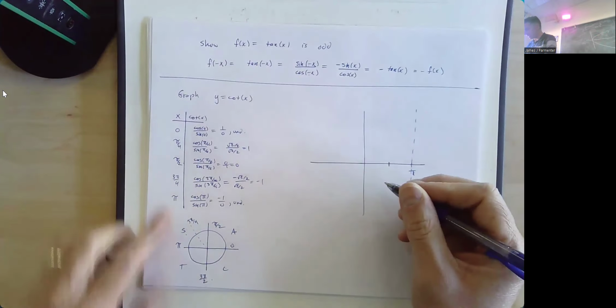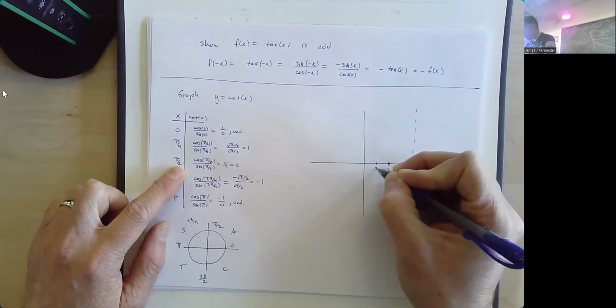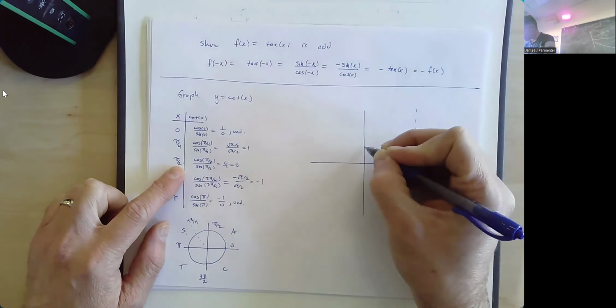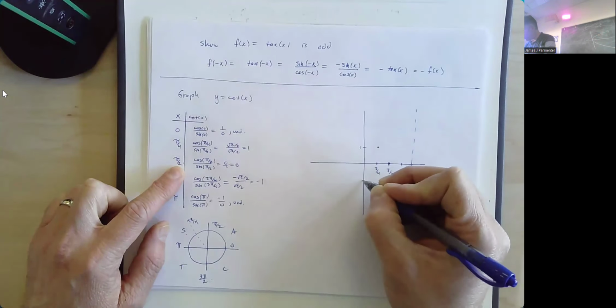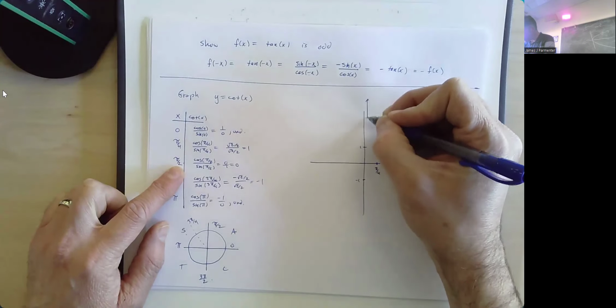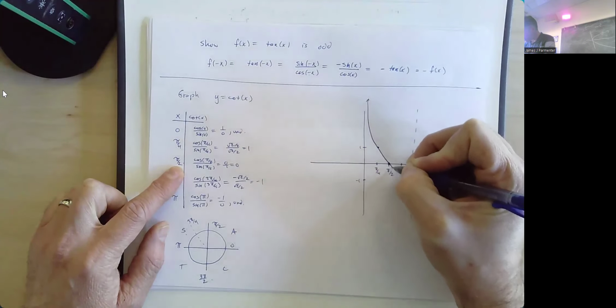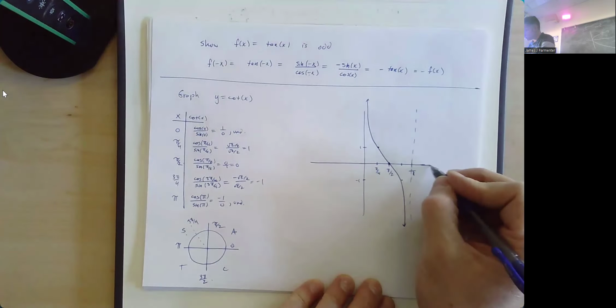At pi over 2, we're going to get 0. At pi over 4, we're going to get a value of 1. And at 3 pi over 4, we're going to get a value of -1. And so it's going to look kind of like this. And then it repeats.